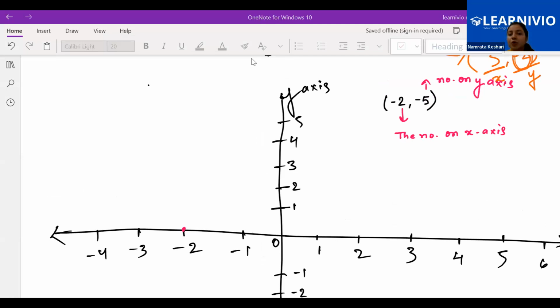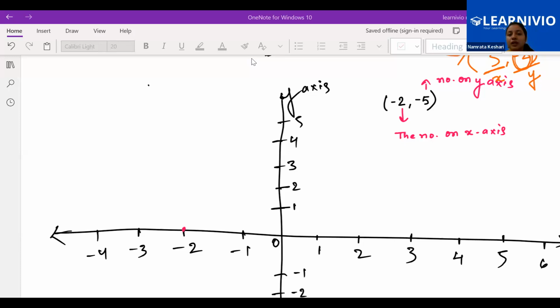For -5, do we move upward or downward on the vertical line? Downward. Bharti, what are you thinking? Downwards. Shad, if we have to locate -5 on the y-axis, are we going to move upside or downside?